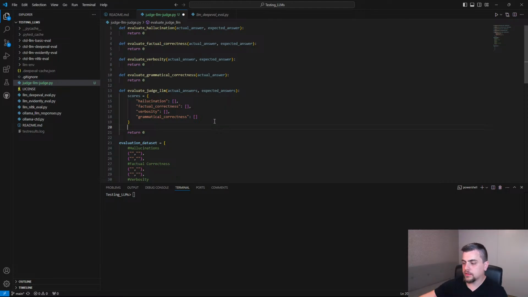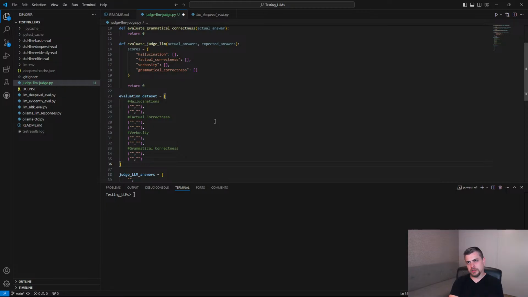Okay, and I think the next thing is, this evaluation dataset is good, but if you would like to use separate questions and answers for the separate metrics, I think it will be best if the evaluation dataset is not really an evaluation dataset, but let's call it rather the hallucination dataset.